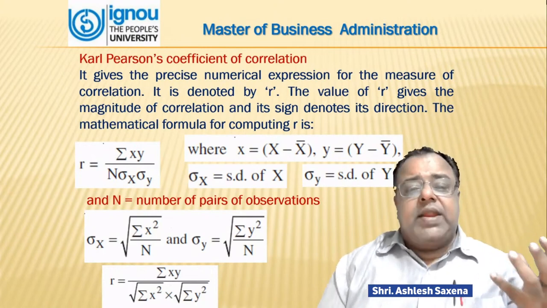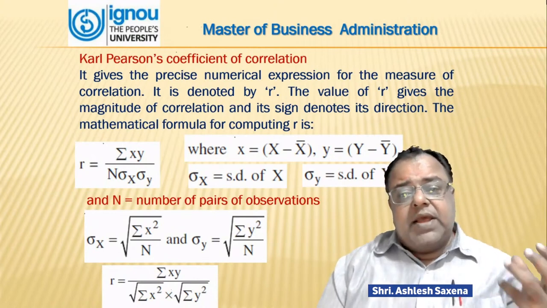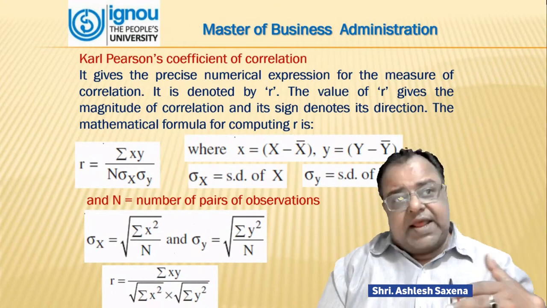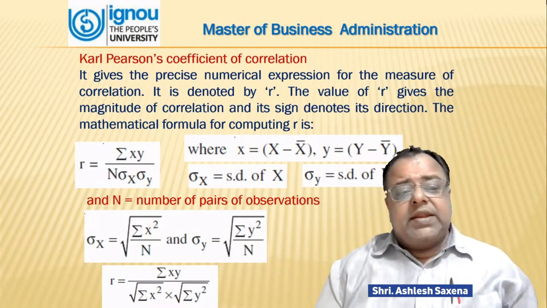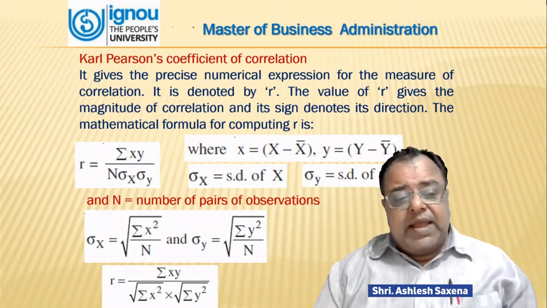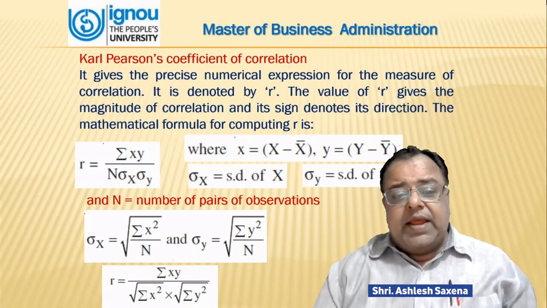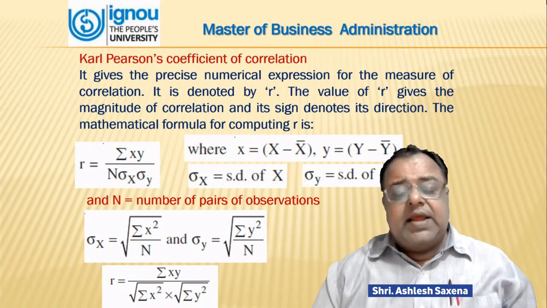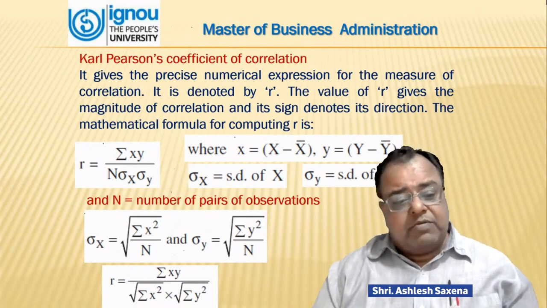It gives a precise numerical expression for the measure of correlation. It is denoted by small r, and the value of r gives the magnitude of correlation, and its sign denotes its direction: plus sign is up, negative is coming down. Mathematically, it is calculated as r equals sigma xy upon N into sigma x sigma y, where x is equal to X minus X bar, y is equal to Y minus Y bar, sigma x is the standard deviation of X, sigma y is the standard deviation of Y, and capital N is the number of pairs of observations.